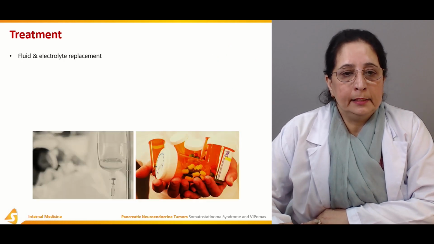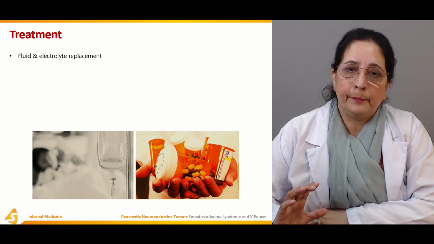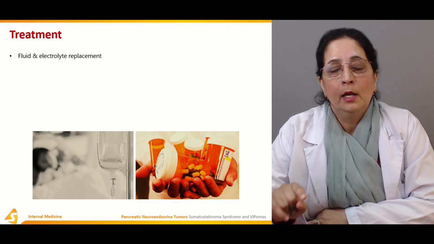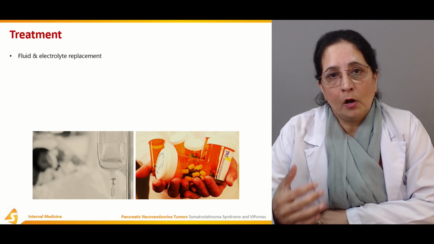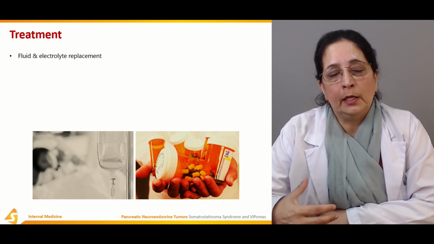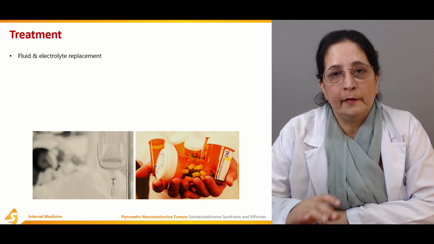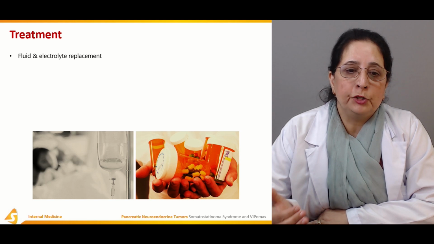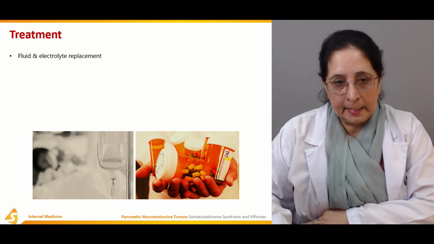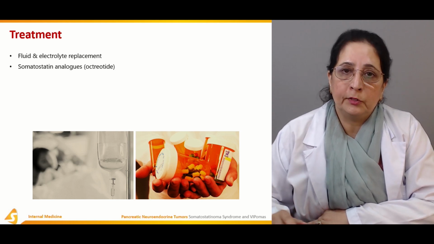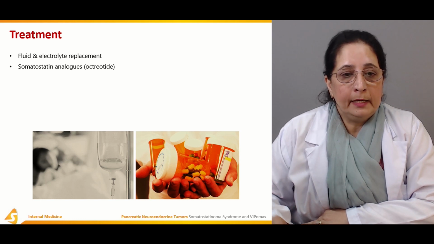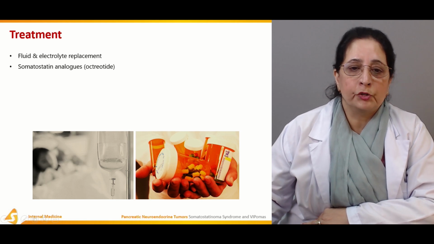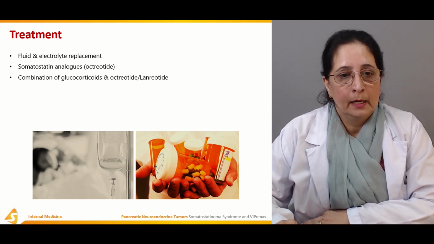Treatment is by fluid and electrolyte replacement. We said it causes dehydration because of large volume diarrhea. The cause of dehydration and hypokalemia is large volume diarrhea. So it's very important that fluid replacement should be given on an emergency basis. Potassium should also be replaced. Then a somatostatin analog like octreotide is used.